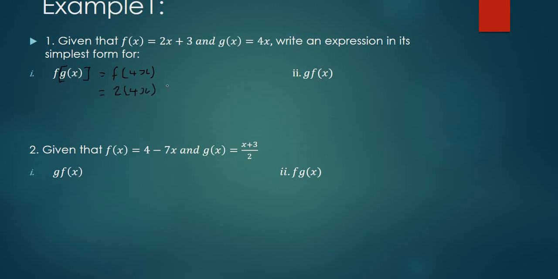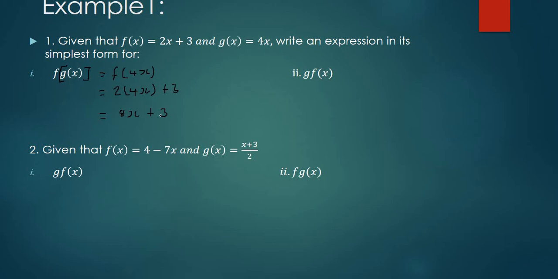Close our bracket and put back our plus 3. All we need to do here is to simplify this and we are basically finished. So if we take 2 to multiply 4x, that is going to give us 8x. And we put back our plus 3.